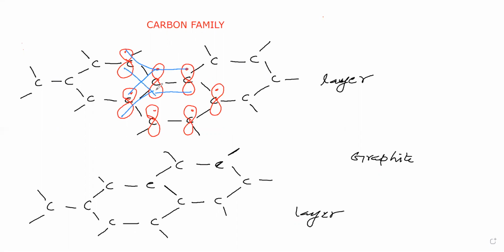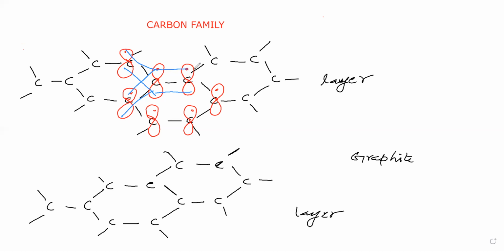So, from each carbon, 2p orbital overlaps laterally, simultaneously to the same extent with neighboring 3 2p orbitals. Therefore, this p orbital is not only overlapping with this p orbital, it is overlapping with the neighboring 3, in the sense this bond is not a localized bond.